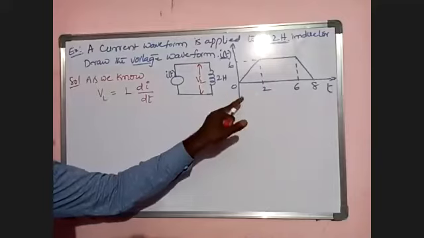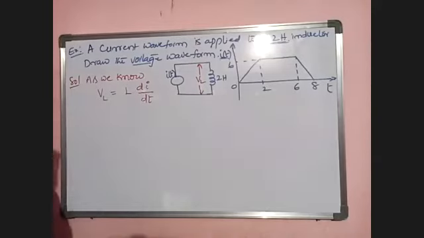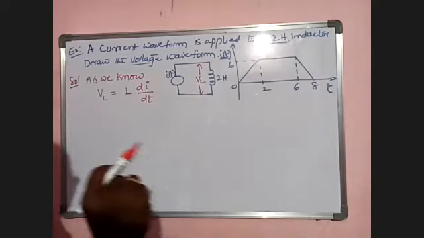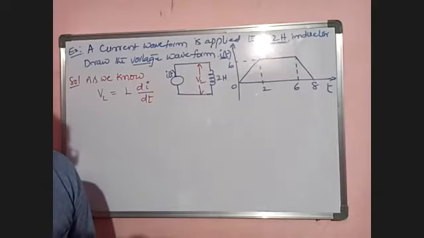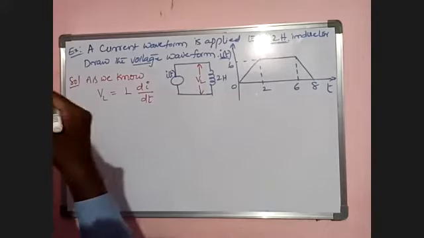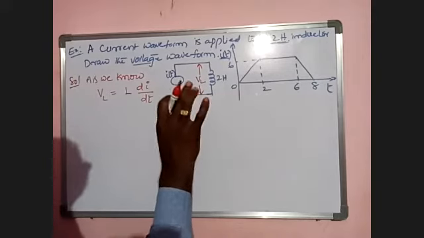For this waveform, you need to identify the linear portions of the lines. If it is a curve, you need to find the equation of the curve. However, the given input is comprised of linear lines.